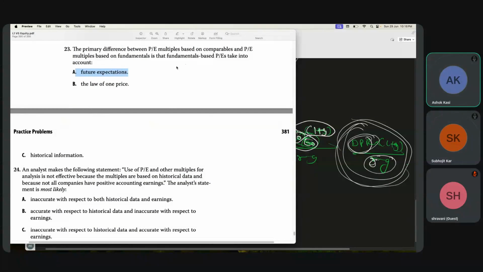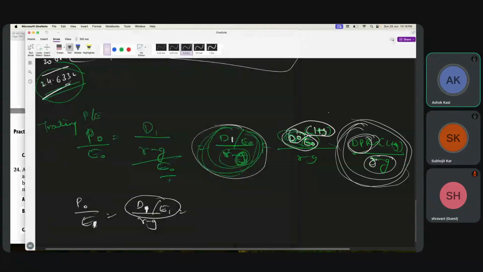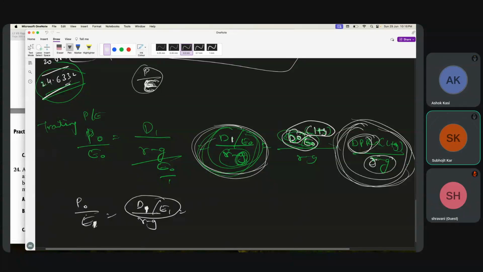Fundamental P ratio and comparable P ratio: for comparable, you are directly taking just price and earnings, nothing else. And for fundamental, you are calculating based on all these expectations, all these variables you are considering to calculate the P ratio. So all these are fundamentals of a company.